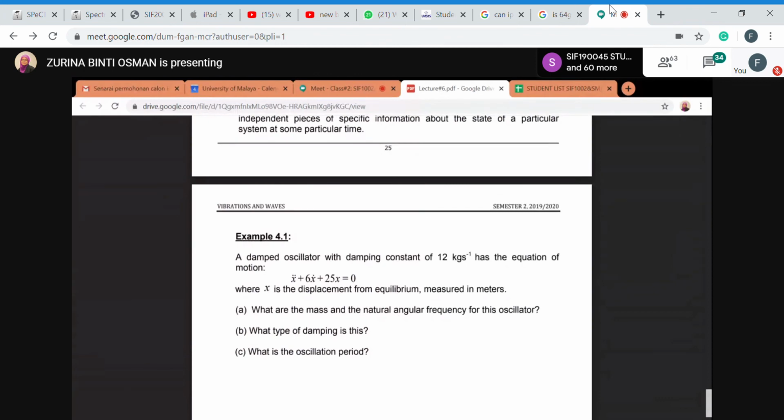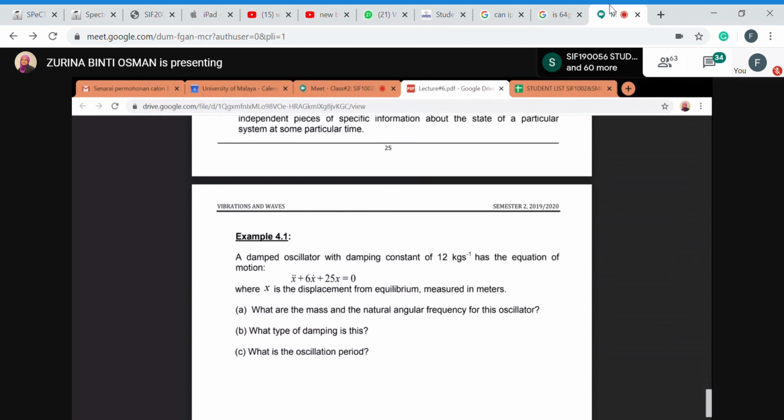The relation between them determines whether this is critically damped, over damped, or under damped. When they are equal, it is critically damped, and so on.